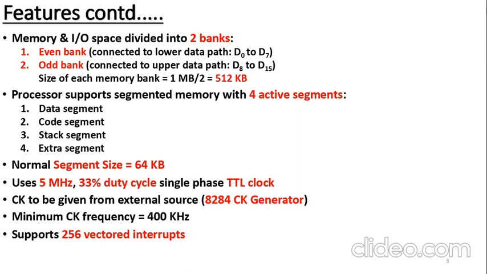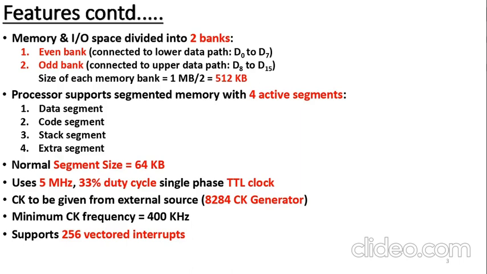The concept of vectored interrupt is that whenever an interrupt is received or sensed by the processor, it will go to a specific memory address called the interrupt vector address. From that interrupt vector address, the interrupt service routine will be executed, and upon execution the corresponding interrupt will get serviced.